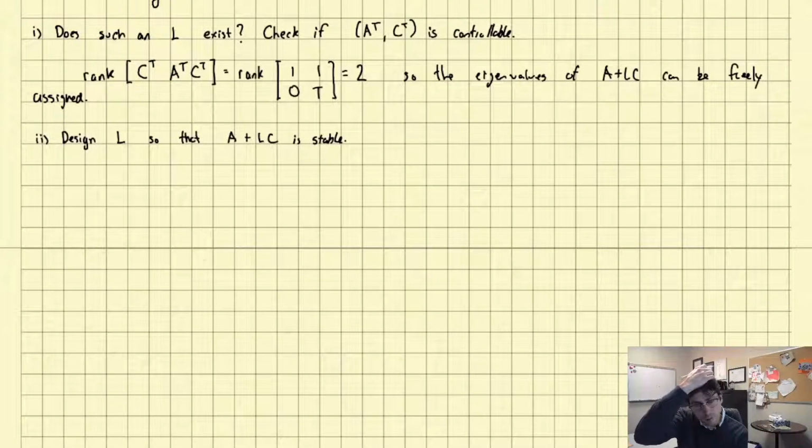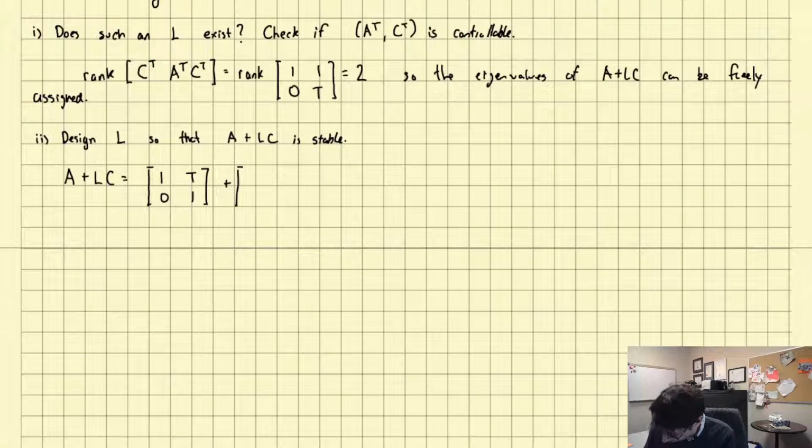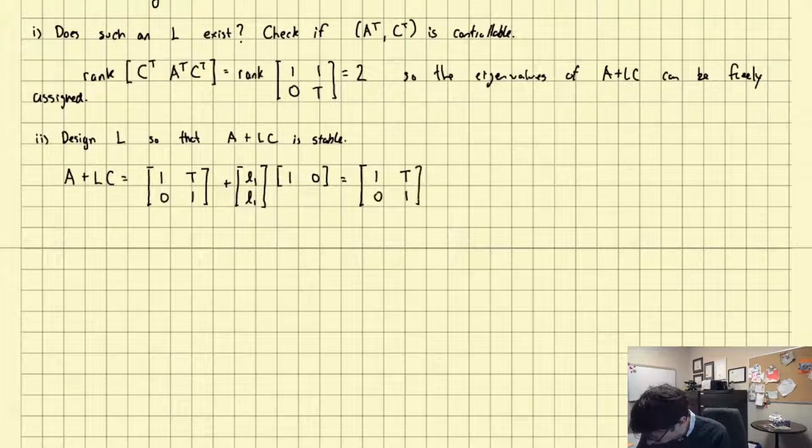Okay, so for now, let's write out what A plus LC looks like. So that they don't look like ones, I'll use script L1 for the first component of the L matrix, and script L2 for the second component, times C. Multiplying this out, we get this.